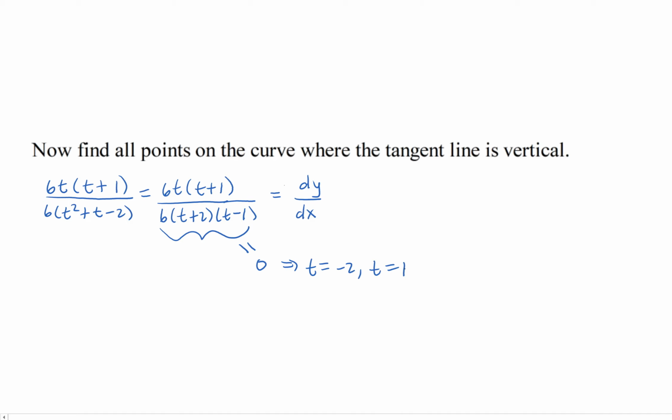And again, we want to plug those values back into the parametrically defined equations, right? So what is x of negative 2? What is y of negative 2? That's what we're after. And of course, what is x of 1? And what is y of 1?